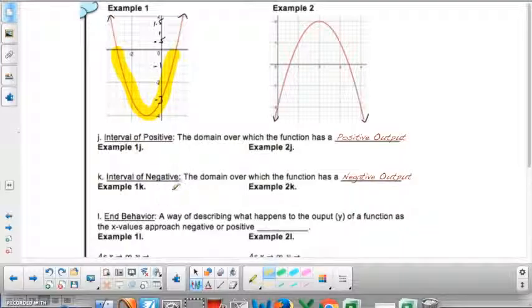The domain for that section is going to be my interval of negative. If I'm getting anything of this or this, those are my positive sections of the graph. So for the interval of positive, I'm going to give the domain of this part of the graph and the domain of this part of the graph.